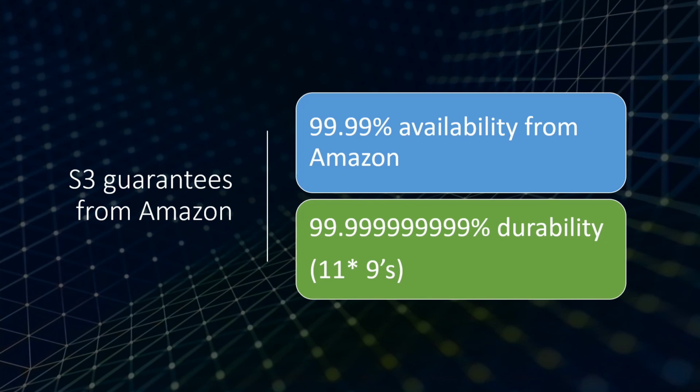With 11 nines durability, we can say only one object might get lost out of 1 million objects in 1 million years. So I think you got the point. Availability is that whenever we request data, it's available, and durability is that our object is delivered intact and the underlying host, storage and so on, is all durable. That is called durability.